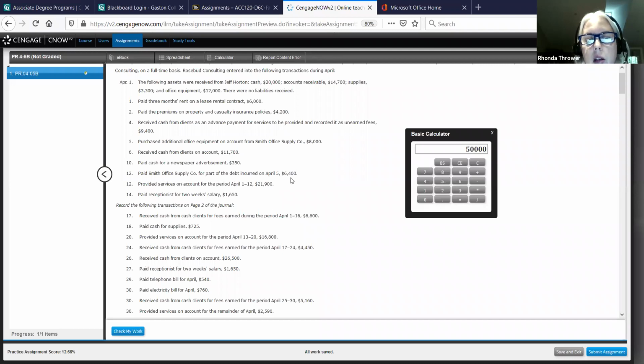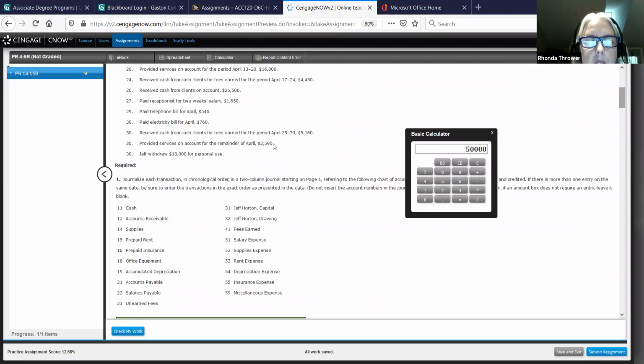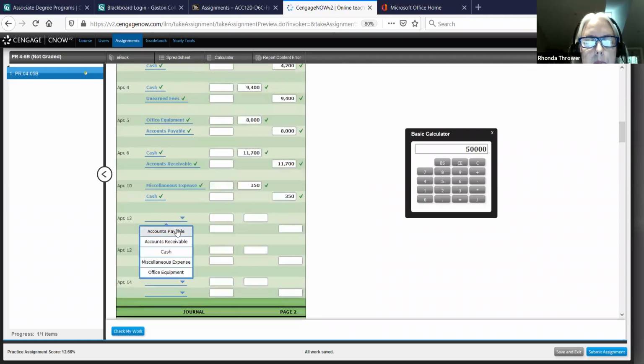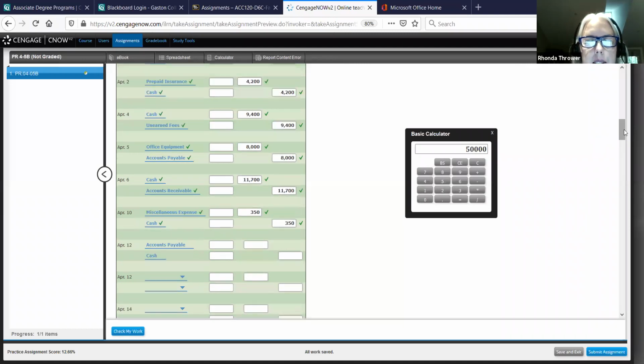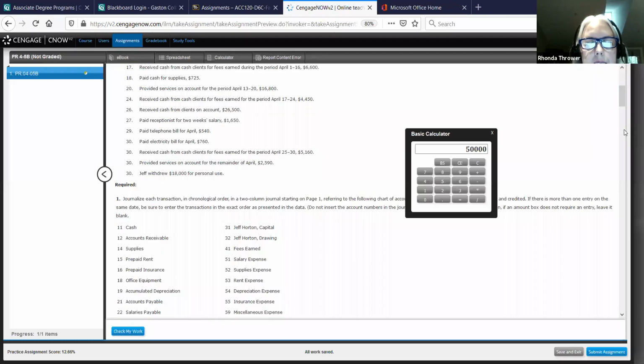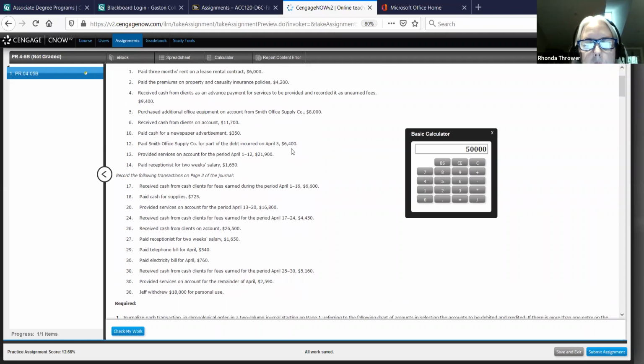And the amount that it's going to go down for is $6,400. So we're going to debit accounts payable here, and we're going to credit our cash for the amount that we paid toward this debt. And it says that we paid $6,400 for that.